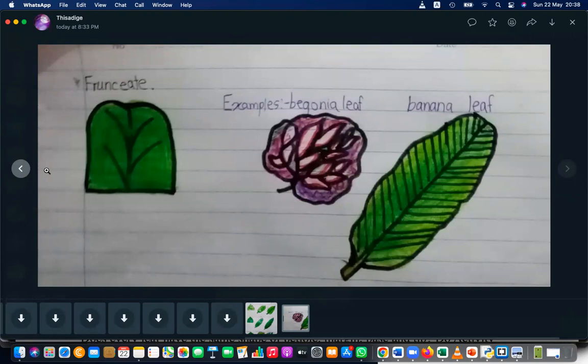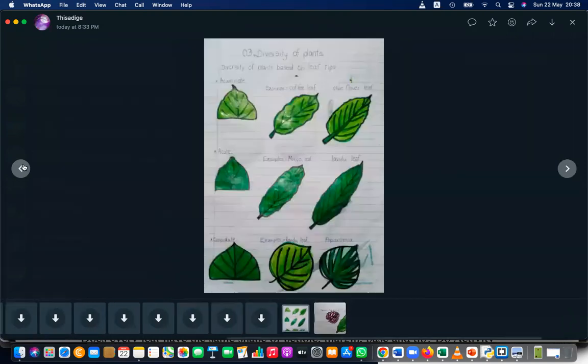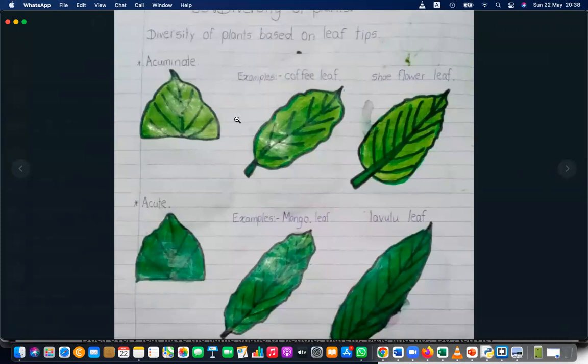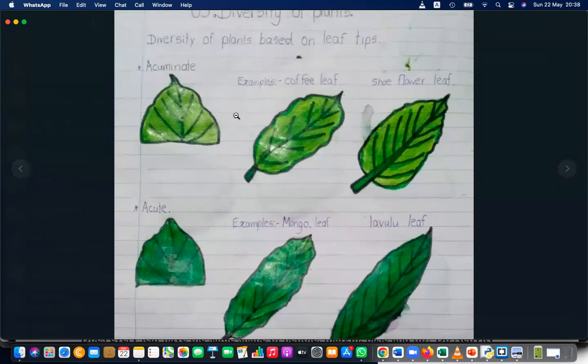Begonia, banana. I gave some tip types and asked you to write some examples. Acuminate, coffee, showflower.